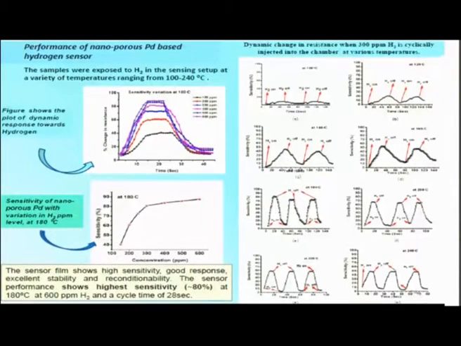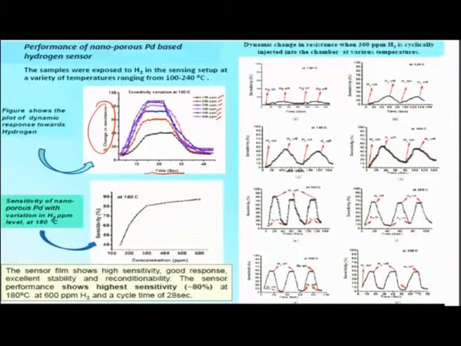So these are some results which I would like to discuss, and these are published results. You could refer to the detailed paper later. As you look at it, I had different ppms of hydrogen being sensed, and this is a plot between percentage change of resistance of the film and time.